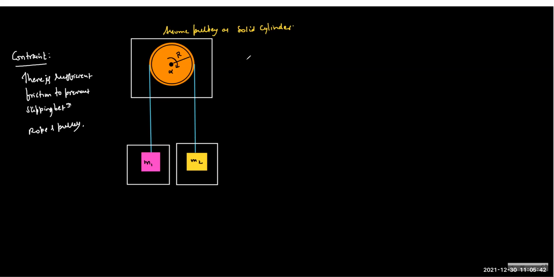Now, because of the constraint, if M2 will go down, M1 will go up, correct? And their constraints are very simple. If M2 will go down with acceleration A, M1 will go up with acceleration A because it's the same string passing over the pulley, correct? So the A will be the same. Understood?